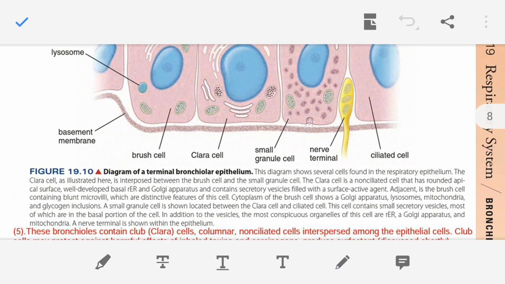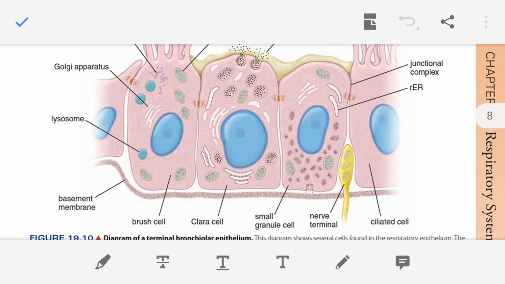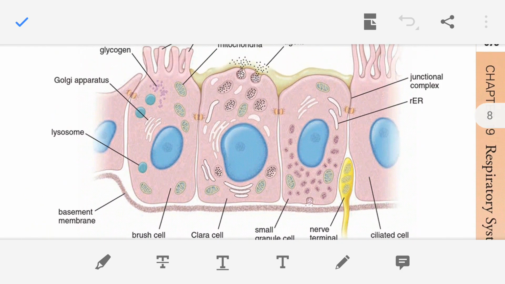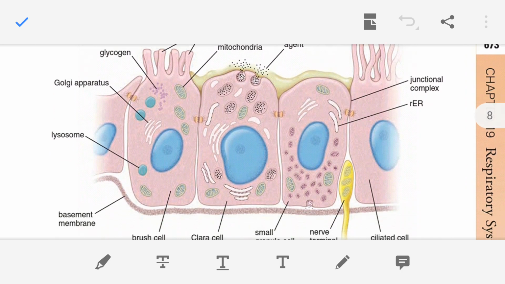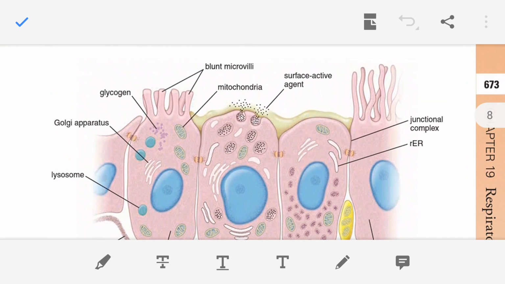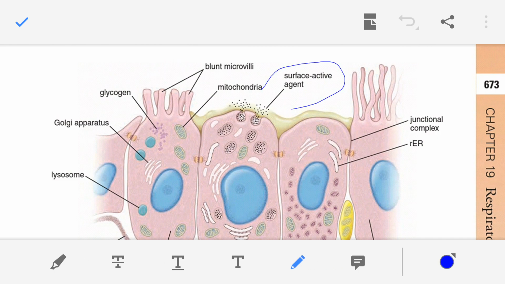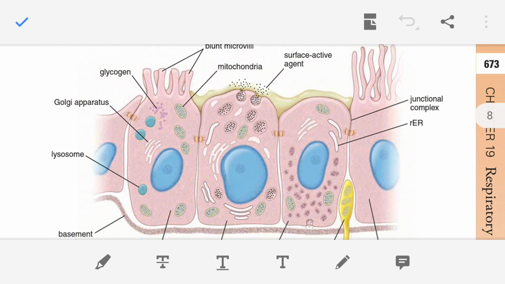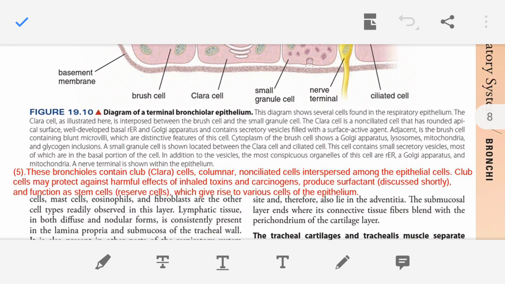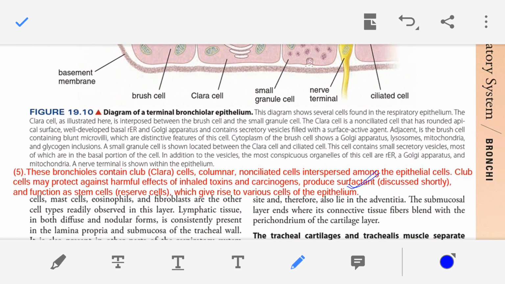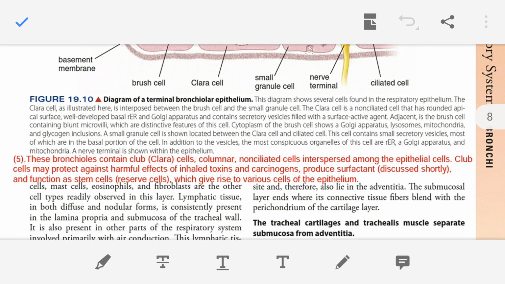To give our body protection against these toxic or carcinogenic substances, the Clara cells produce a surface active agent, known as surfactant. This is how the surfactant protects against carcinogens and toxins. That discussion is not in your syllabus, so we are not discussing it.